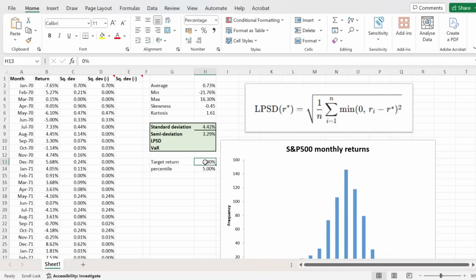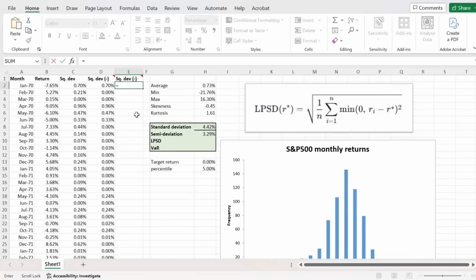Sometimes practitioners set this equal to the risk-free rate as well, which is possible. So this is basically your minimum acceptable return, okay? So here, the target return is going to be set equal to 0. So we'll basically pretty much have the same thing as before. The only difference is that we are going to replace this H2 with our target return.